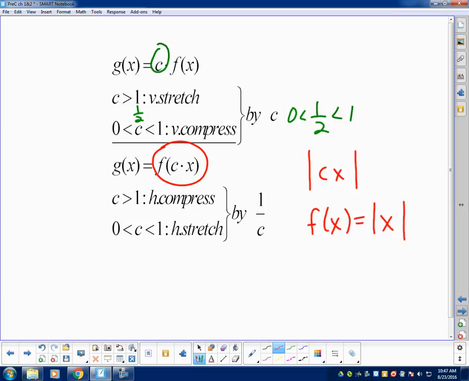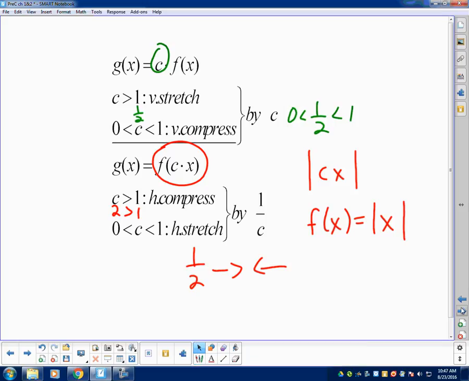So it says if c, which in this case c is 2, so 2 is greater than 1, we have a horizontal compression by 1 over c. So 1 over 2 will be our horizontal compression. Horizontal compression is going this way. So what that's going to do is make that graph narrower by half.